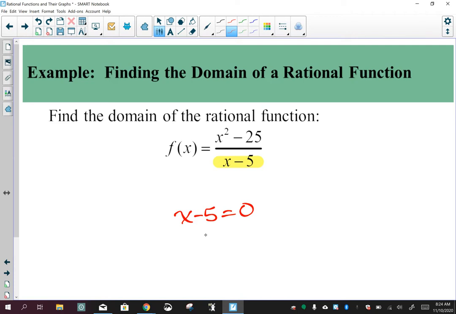In this case, this is going to equal 0 at x equals 5, which means my domain for this is negative infinity up to 5, and I'm going to union that, pick it up again, and go to positive infinity. Okay, so when we're talking about domain, we only want to focus on the denominator itself.